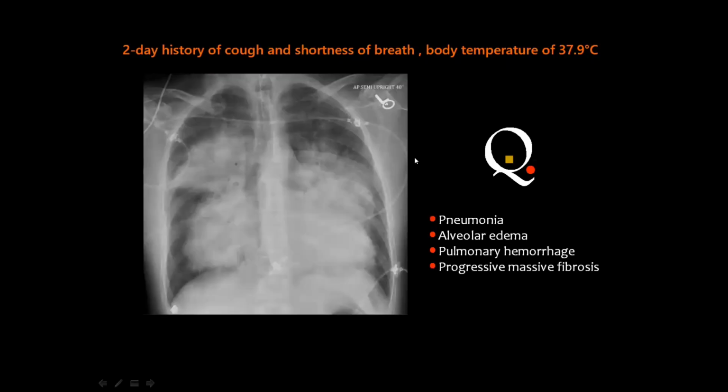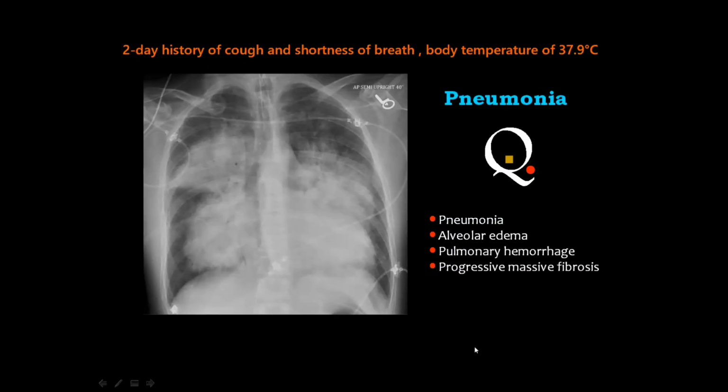Next case is a patient with a 2-day history of cough and shortness of breath. The body temperature is about 38. Then pneumonia, edema, hemorrhage, progressive massive fibrosis. Yes, and I gave you the clue for the diagnosis.